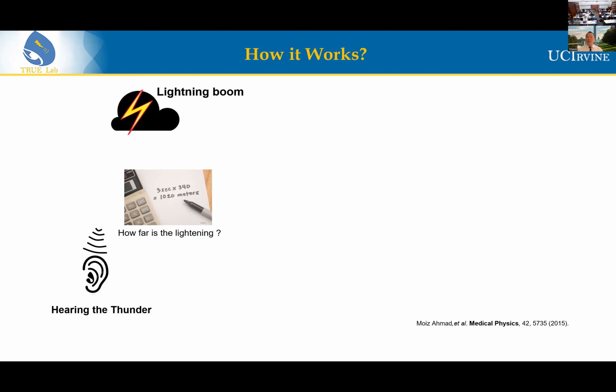Now, how can we estimate the location and strength of the lightning events based on what we heard as sound? Actually, we can do that, right? Imagine that whenever you see the lightning you start counting the time, let's say you count for 3 seconds, 1, 2, 3, and you hear the thunder. So can any of you tell me roughly how far the lightning event is away from us?